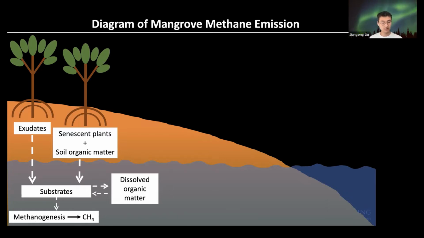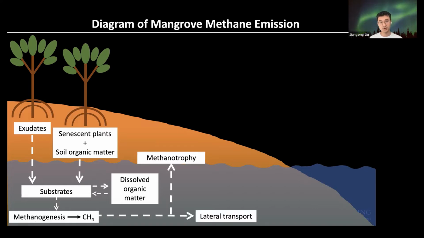There's a bunch of microbes called methanogens. They can make use of the organic matter in the soils to produce methane. This process is called methanogenesis, and this produced methane can be laterally transported to the adjacent system.